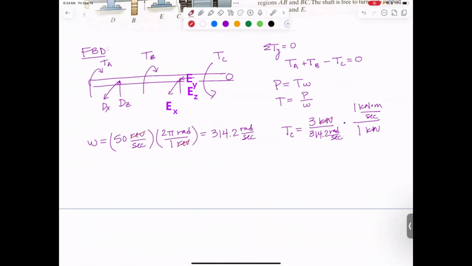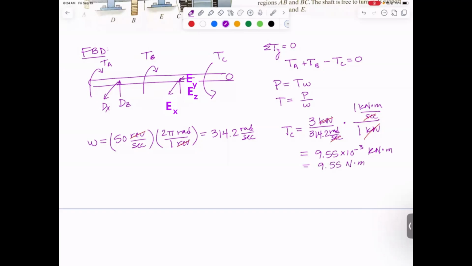The kilowatts cancel, the 1/seconds cancel, radians is treated as dimensionless here, and we're going to get our torque in kilonewtons times meters. So the torque at C comes out to be 9.55 times 10 to the minus third kilonewton meters. Well, I don't really want a 10 to the minus third with a kilo, so let's convert that to newtons. This is 9.55 newton meters.